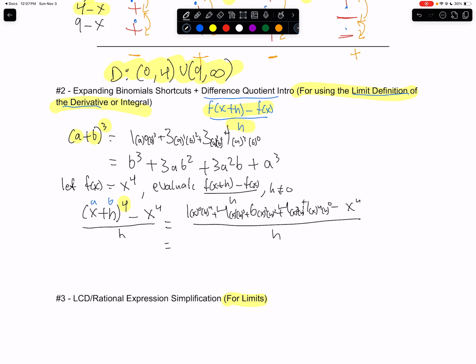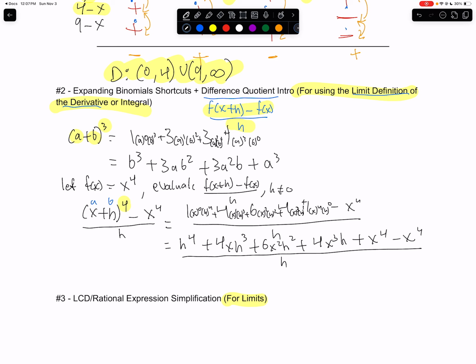So then this will be h to the fourth plus 4xh cubed plus 6x squared h squared plus 4x cubed h plus x to the fourth, minus x to the fourth, over h.